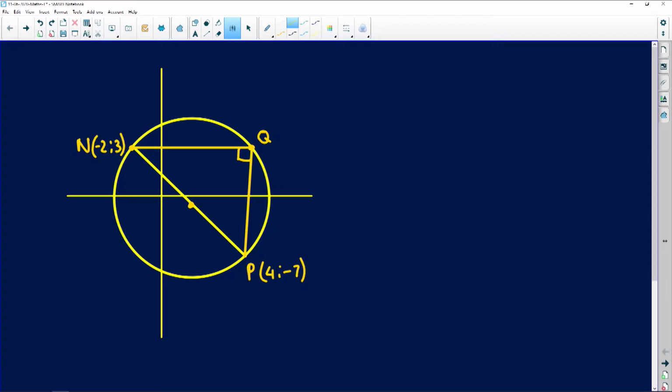So it's called a diameter. And we know from geometry that angles subtended by the diameter is a right angle on the circumference of the circle. So that angle Q is 90.